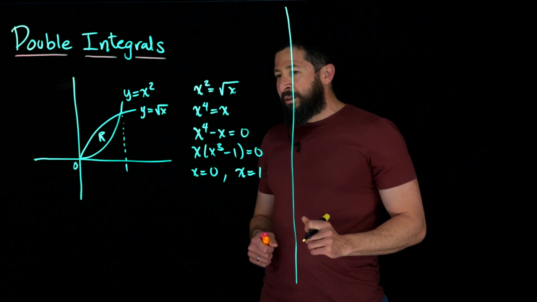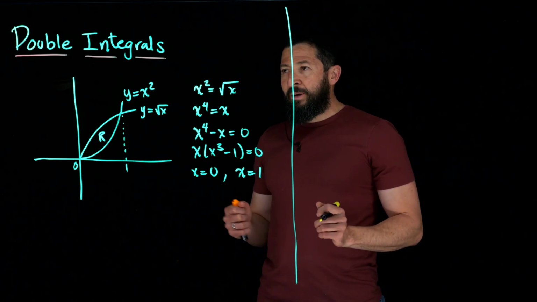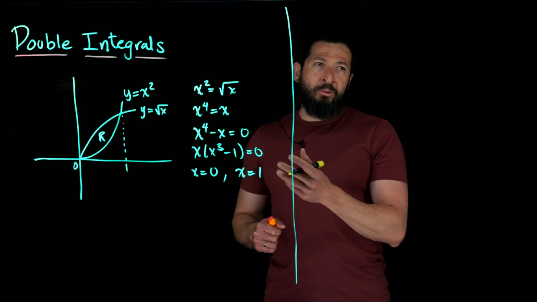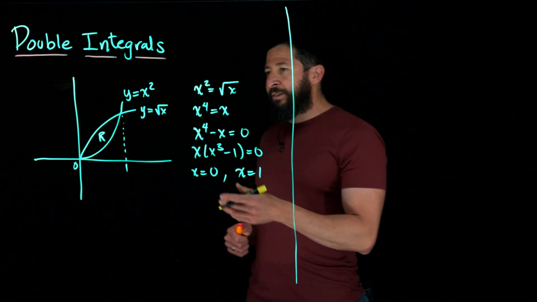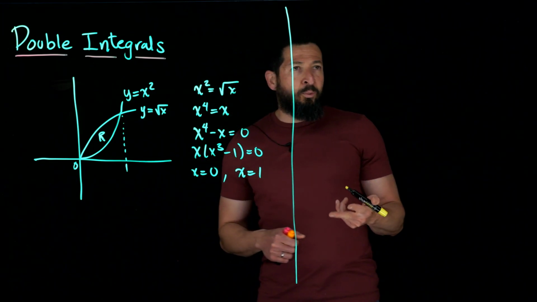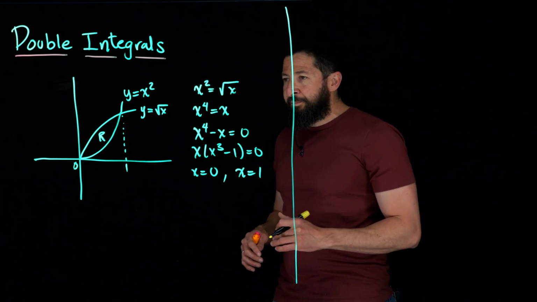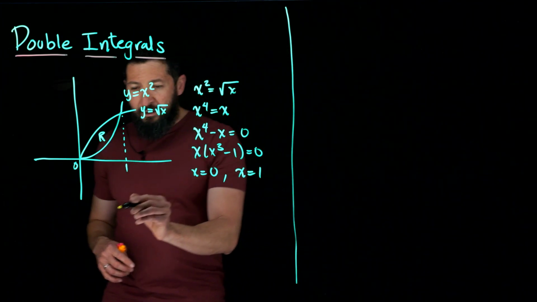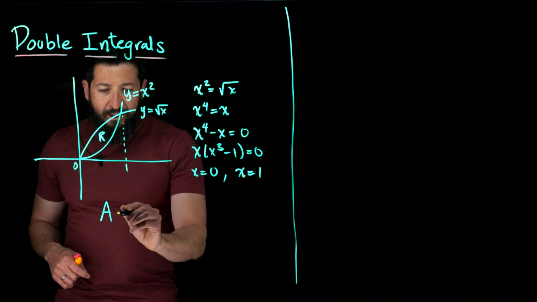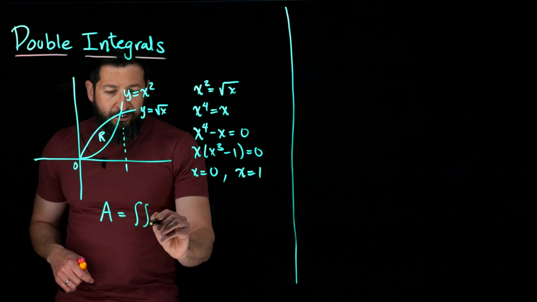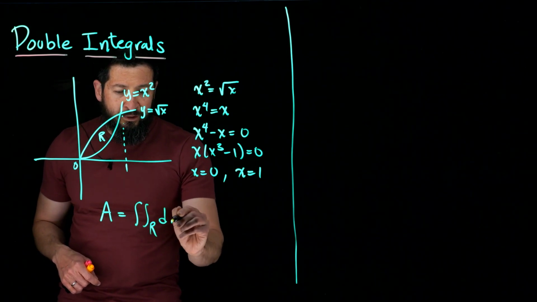So now, what is our idea? We're going to set up a double integral to calculate the area of this region in two different ways. So we're going to start just computing areas. The area of the region is going to be the double integral over the region of the differential of area.